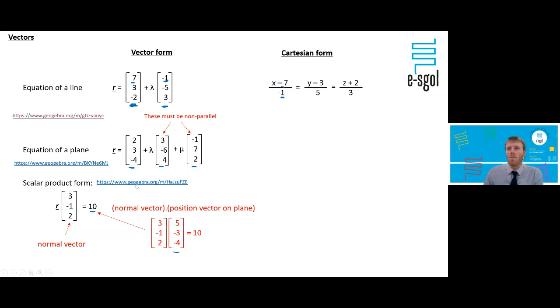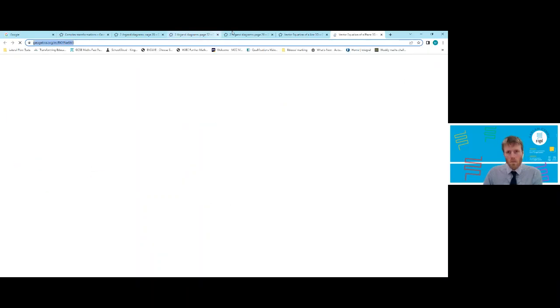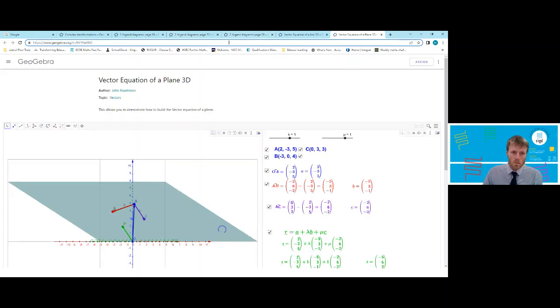I'll just bring up the GeoGebra for the equation of the plane. And again, I'll post this as a link in here.